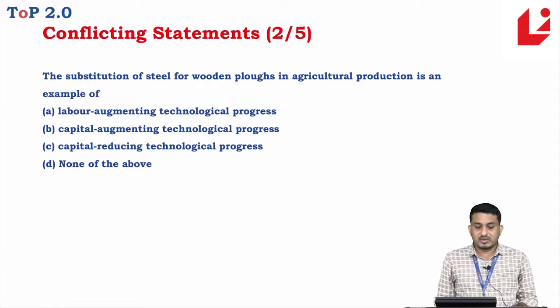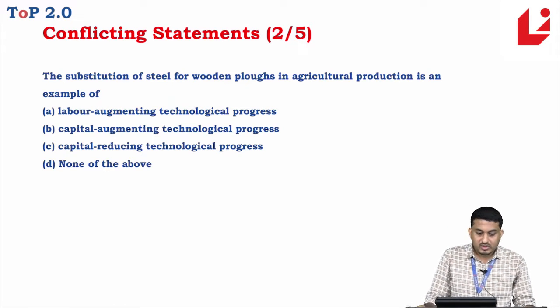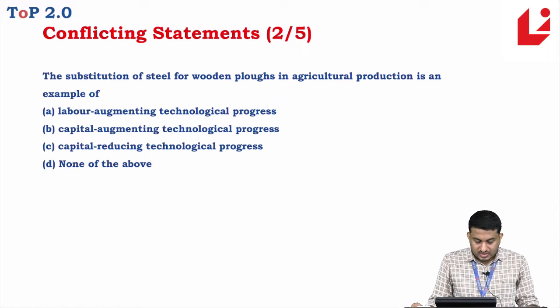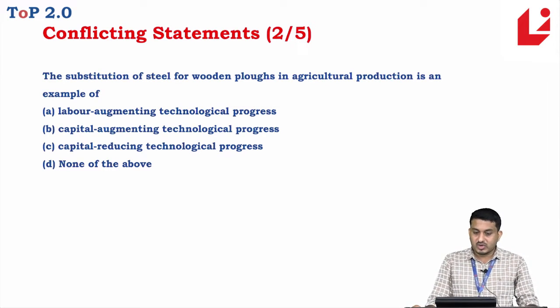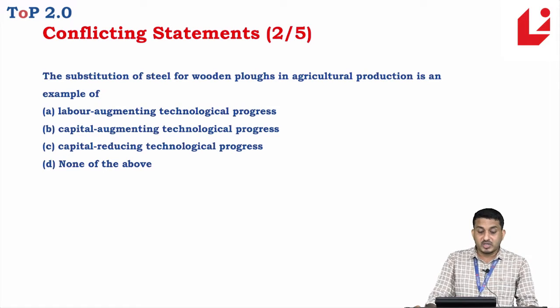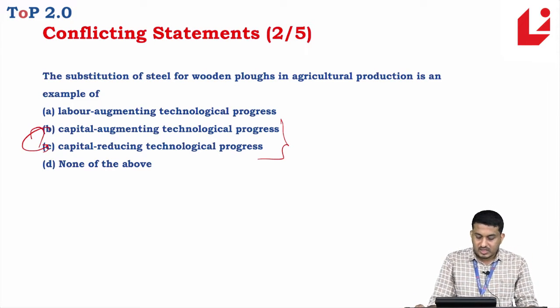Now coming to the next question. Substitution of steel for wooden plows in agricultural production is an example of. You read the options: labor augmenting technological progress, capital augmenting technological progress, capital reducing technological progress, none of the above. Now if you compare B and C, B and C are opposite to each other.